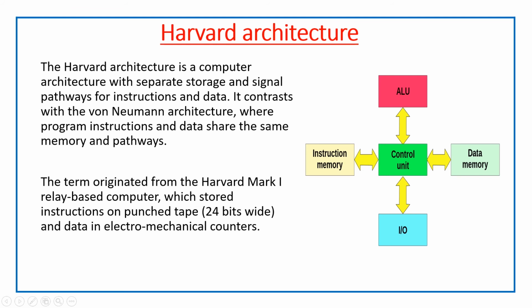That means the difference is that in Harvard architecture we have different memory for data and instruction and different data bus for data and instruction. But in von Neumann architecture we have a single memory and we have a single data and instruction bus.